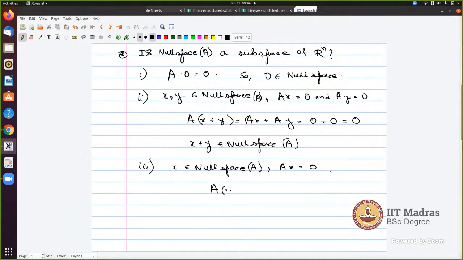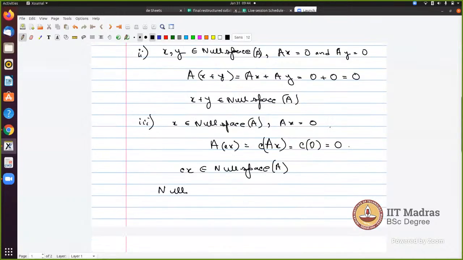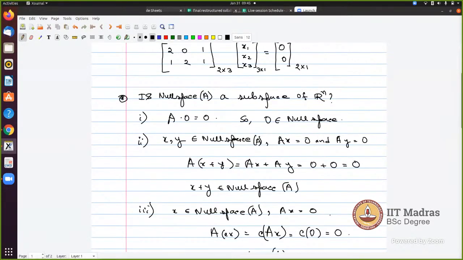Then A of some scalar multiple of x is nothing but c of Ax, which is c of 0, and this will be 0. So cx is in null space. So null space is indeed a subspace of Rn, when A is an M cross N matrix. I am always taking A as an M cross N matrix.